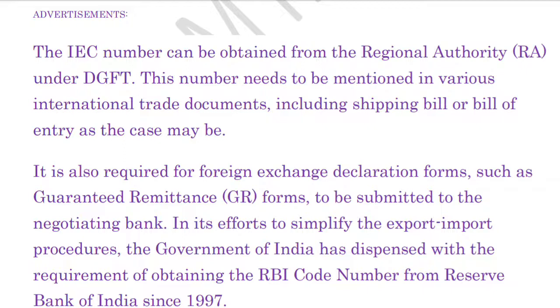The IEC number can be obtained from the regional authority under DGFT. This number needs to be mentioned in various international trade documents including the shipping bill or bill of entry, as the case may be.